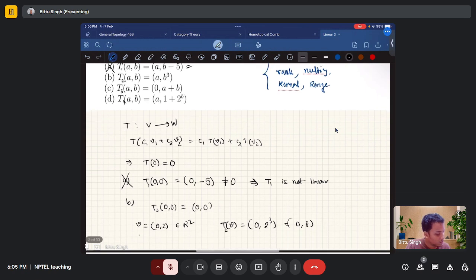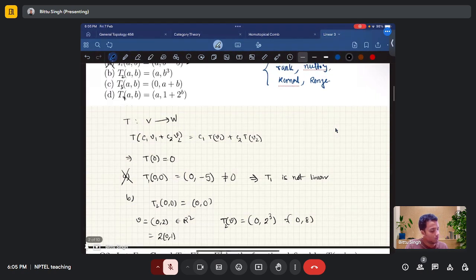But V is the same as 2 times 0 comma 1. Suppose 0 comma 1 is V dash, then T2 of V dash is 0 comma 1 cubed, which is 0 comma 1.